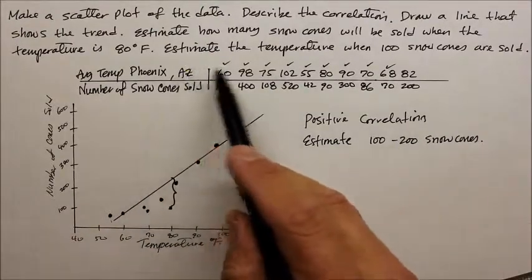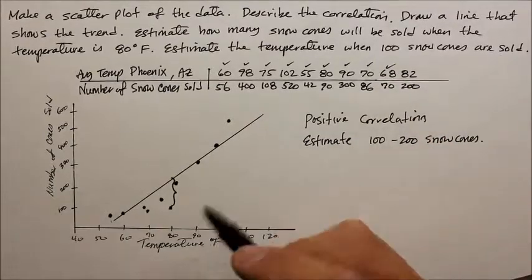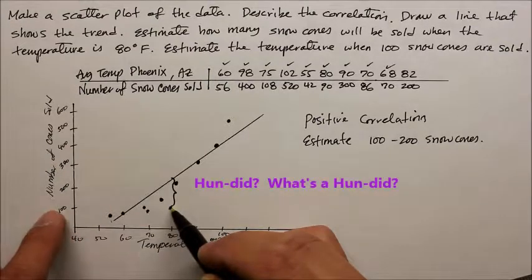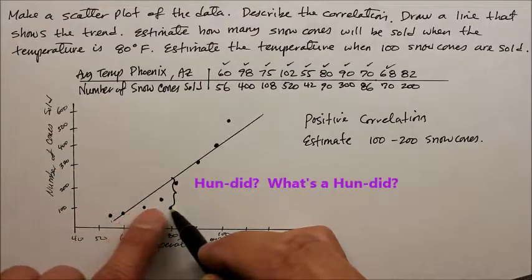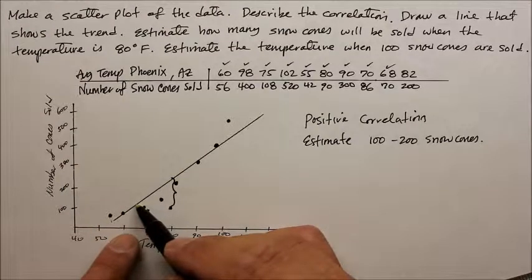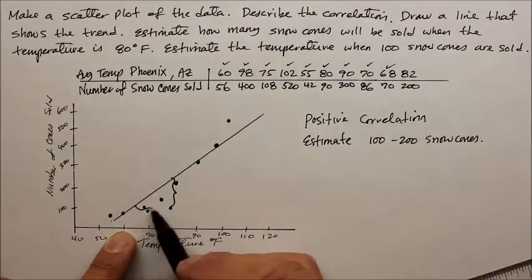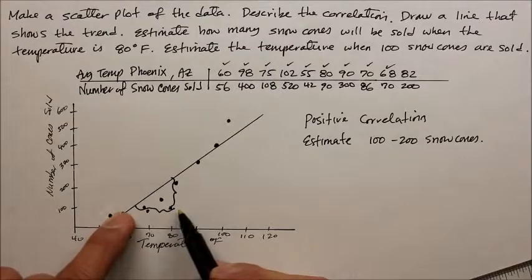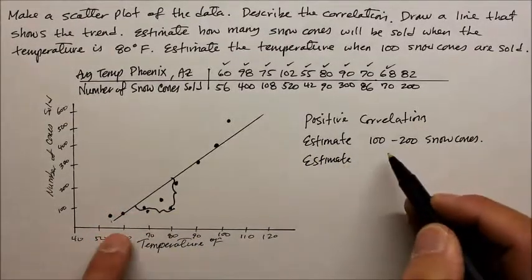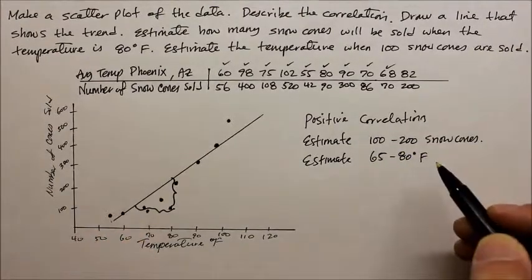And then it says, estimate the temperature when 100 snow cones are sold. If we are expected to sell about 100 snow cones, the temperature could be anywhere from 65 to about 80 degrees Fahrenheit.